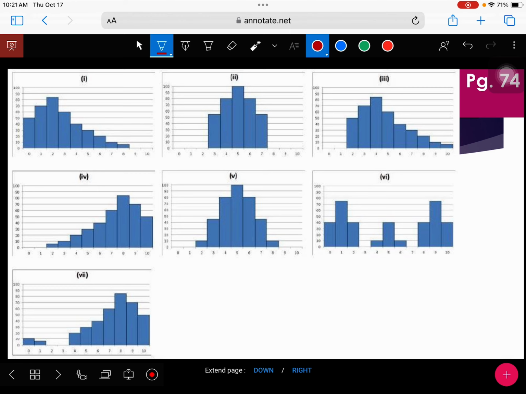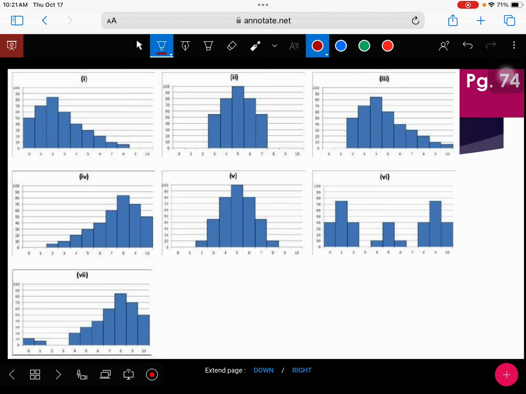The distributions of the scores are displayed in the histograms labeled i through vii below. Those are lowercase Roman numerals, in case you didn't know. So, 7 different years, 7 different distributions of his scores for his 10-point quizzes.